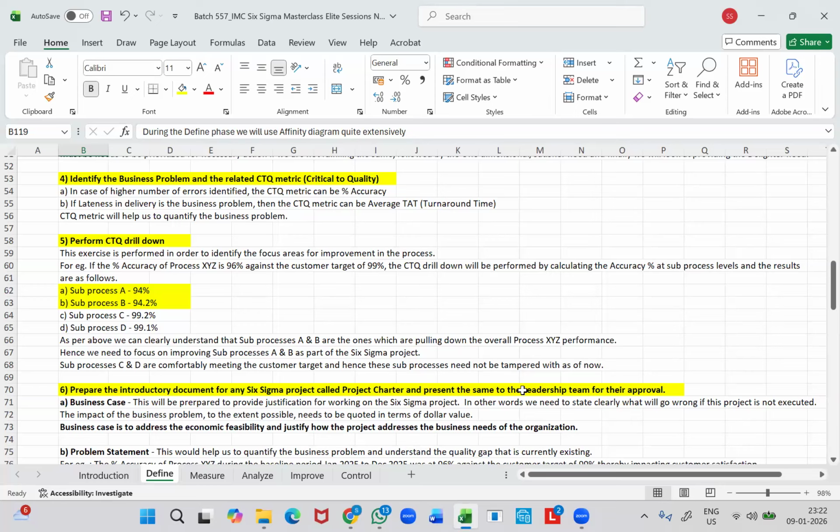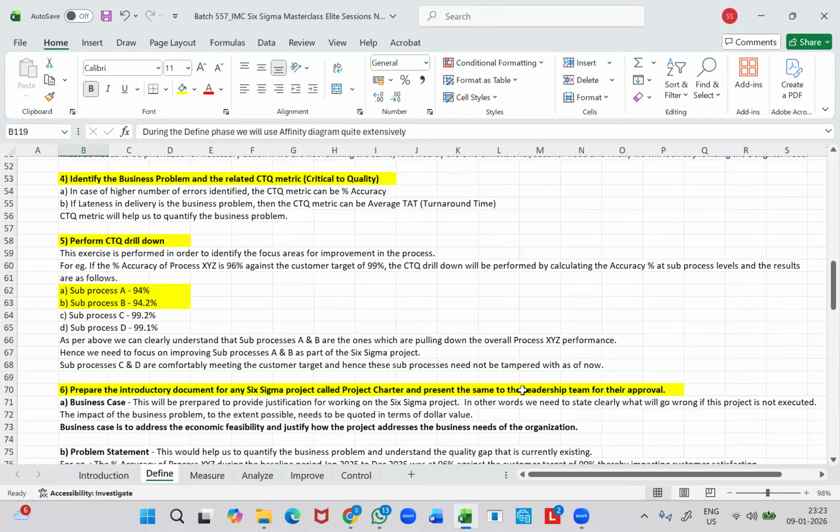Sridhar, could you just share or maybe show a sample charter? No, that I will show you when I take you through the project exercise on the 10th day. I will also show you a sample project. In fact, that document will be sent to you. If you are going to show interest in working on a Six Sigma project, you need to fill in a project initiation form and send it to me.